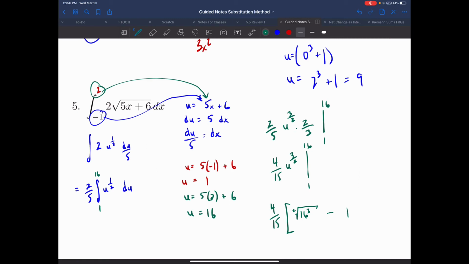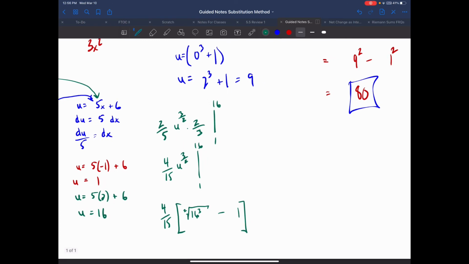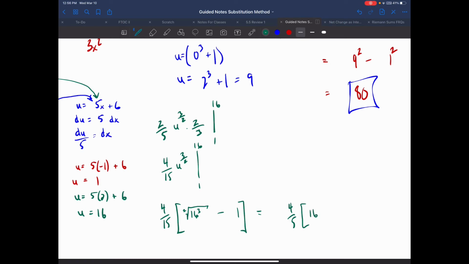So 1 to the 3/2 is just 1. Now you're just going to end up with 4/5 times 16 times the square root of 16 minus 1.